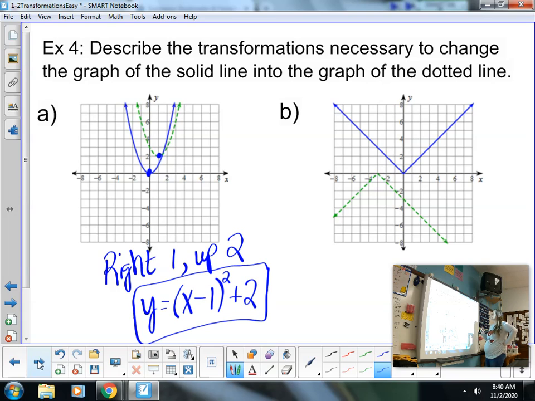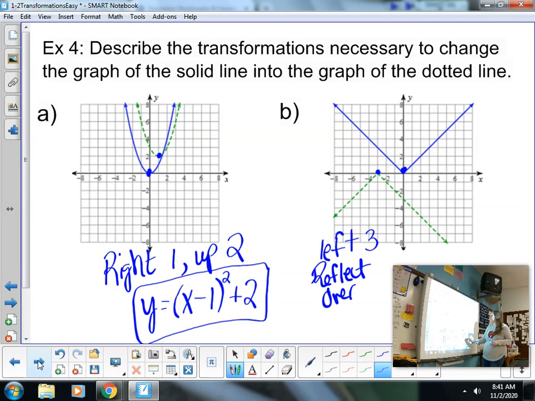For part B, this is an absolute value. Again, I'm comparing dot to dot. So to go from the solid blue to the dotted green, we are going left 3, and that puts my dot in the correct position, but notice my graph also got flipped. And because it got flipped over the x-axis, we say that's a reflection.